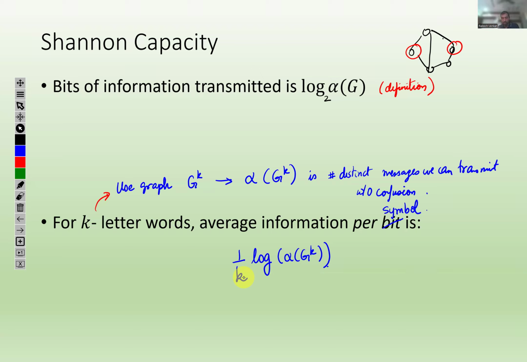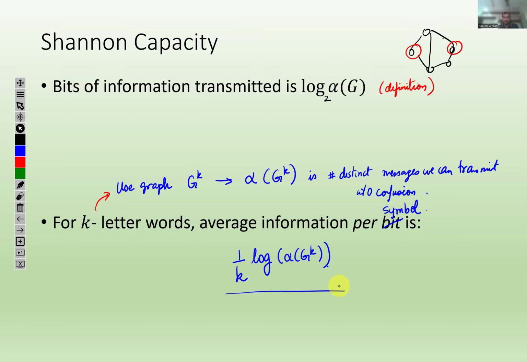So for instance, suppose I consider alpha of C5 squared. I'm using two symbols at a time to transmit. So I get log of alpha of C5 squared, divided by 2. The average information per symbol is what is called the Shannon capacity, at the maximum.